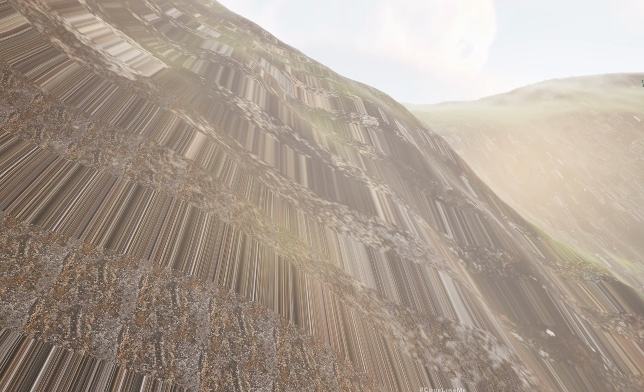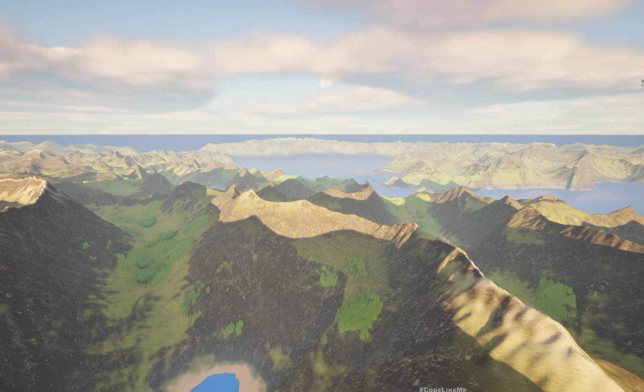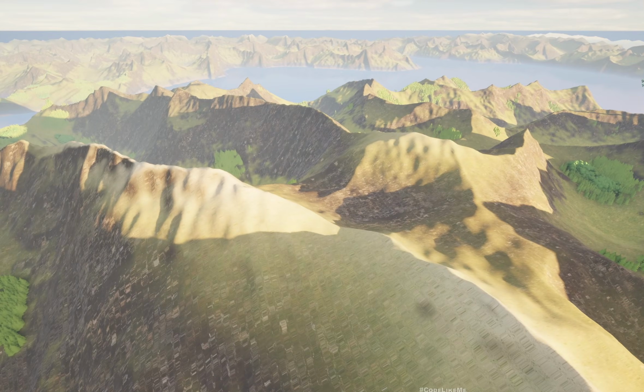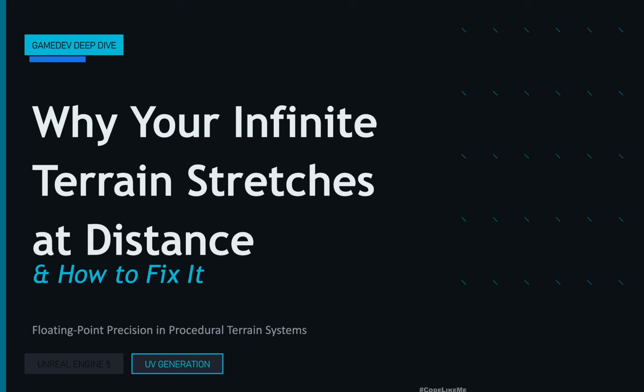And this appears only when we are a somewhat larger distance away from the center of the world. This is important. Usually in games we may not encounter this, but it is important for our infinite terrain because it is infinite, so you can go very far away from the center. So let me explain.